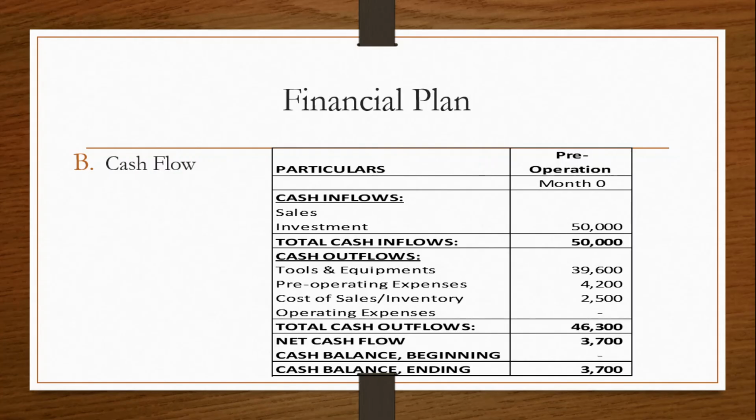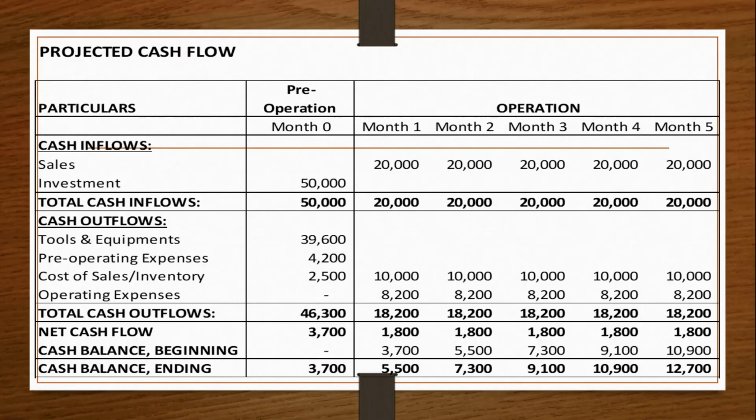So with that, you can determine how much investment you need to put up in your business. After you project your pre-operating cash requirement, you also need to have a cash flow projection for at least 5 months.